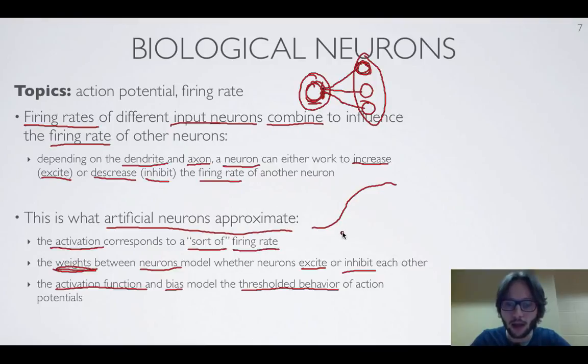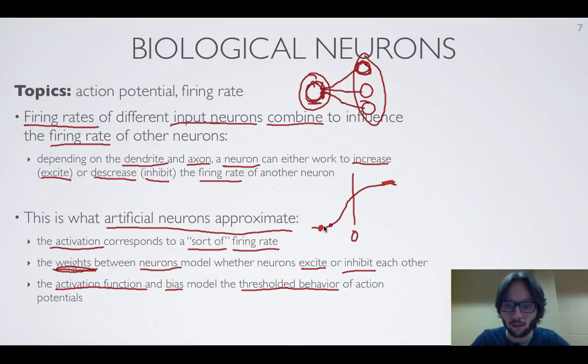Then the bias will determine what's the basic pre-activation of the neuron. If the bias is negative, then the pre-activation would start here. This is saying that the pre-activation, where we combine the activations of the neurons it's connected to, their firing rates, in this particular case would need to go quite a bit over 0 to reach the maximum firing rate of that neuron.